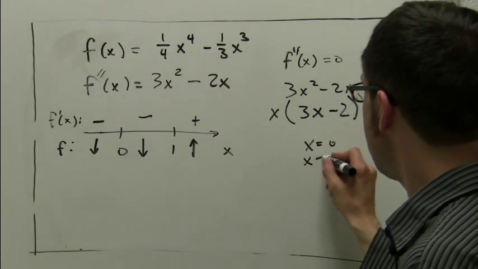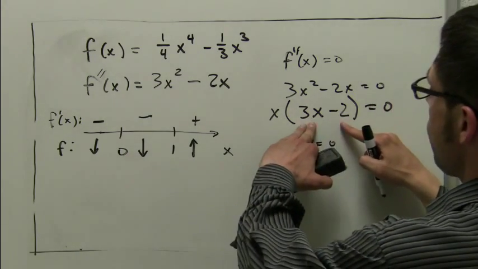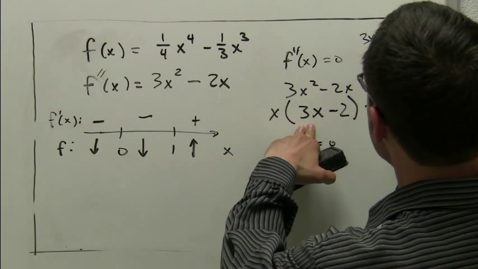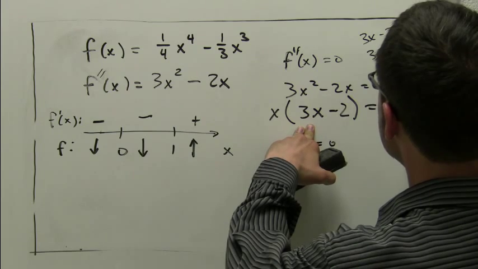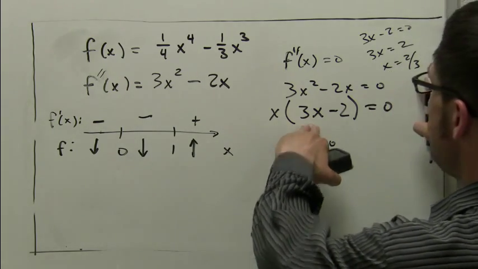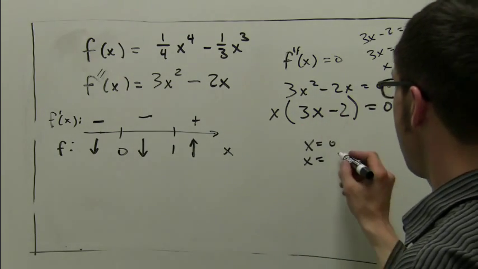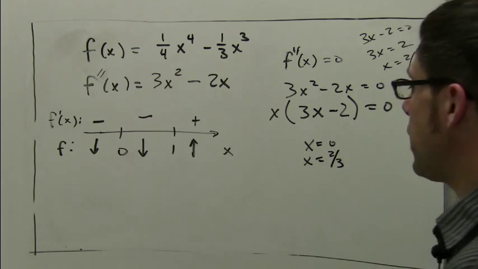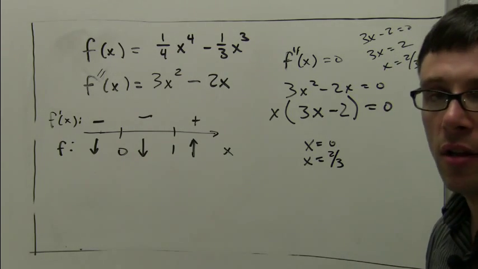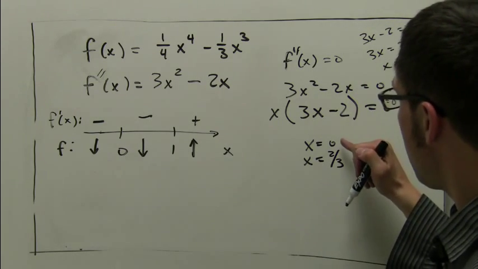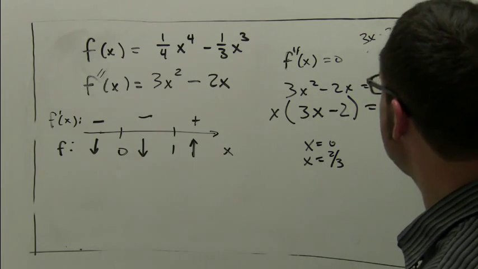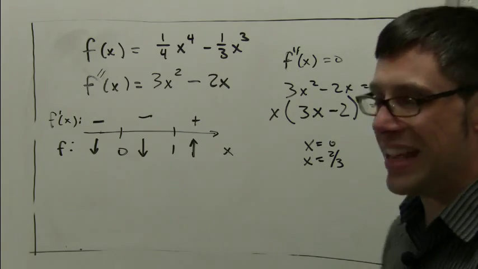And also, if this portion in here were 0, that is, if 3x minus 2 is equal to 0, that is 3x is equal to 2, so x is 2/3. If x is 2/3, this is going to be 0 inside here as well. So my two places where the concavity may change, my places I need to check, are 0 and 2/3. These are critical values of the first derivative as a function.